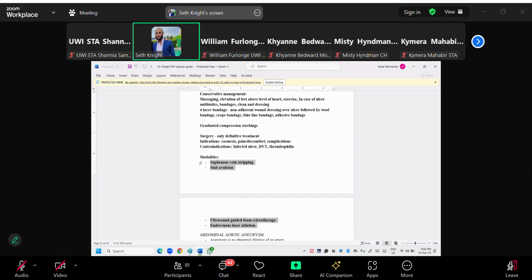Daflon. What is Daflon, William? You know what Daflon is? Daflon has a phosphodiesterase inhibitor. So where have we seen PDE inhibitors before? In which of the conditions? Yeah.